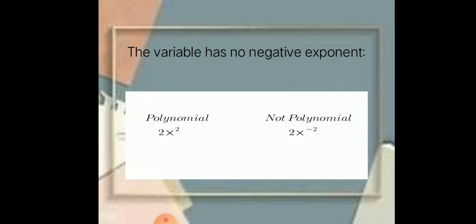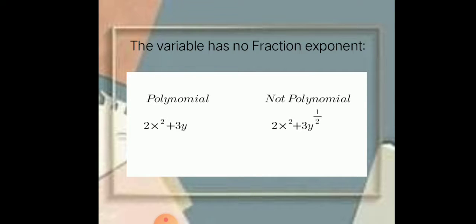And not a polynomial is 2x to the negative 2. So, the exponent of the non-polynomial is negative 2. So, take note, be careful to look at the exponent. If it is a negative exponent, it is not a polynomial.